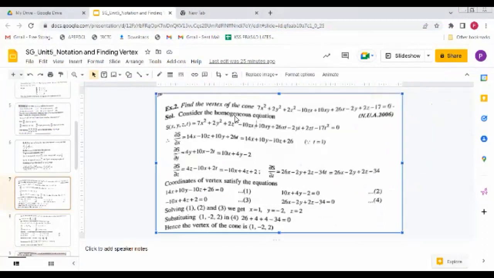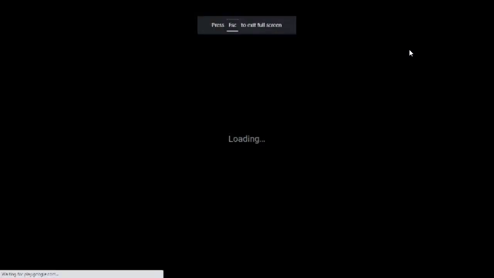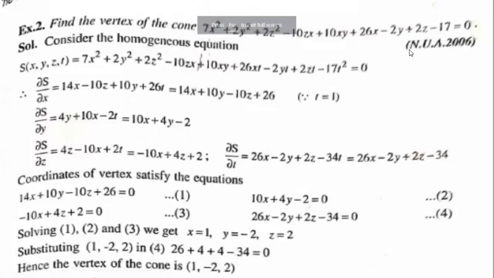That is, find the vertex of the cone 7x square plus 2y square plus 2z square minus 10zx plus 10xy plus 26x minus 2y plus 2z minus 17 is equal to 0.